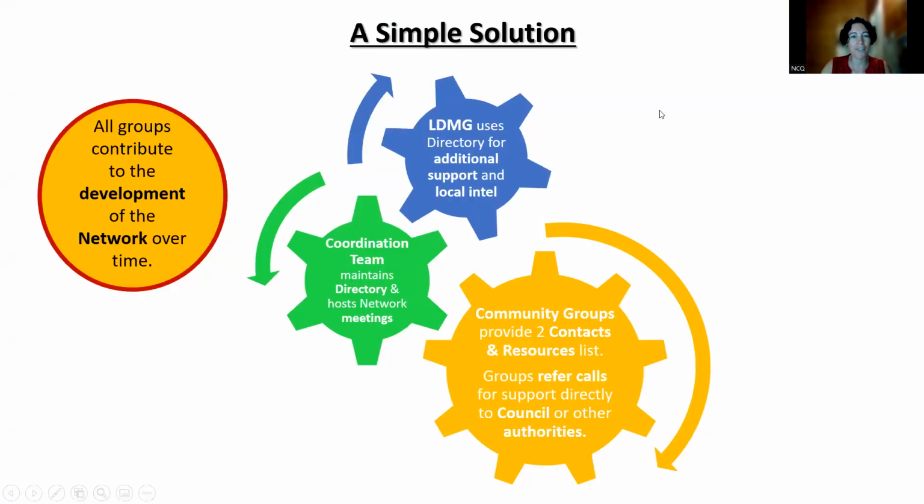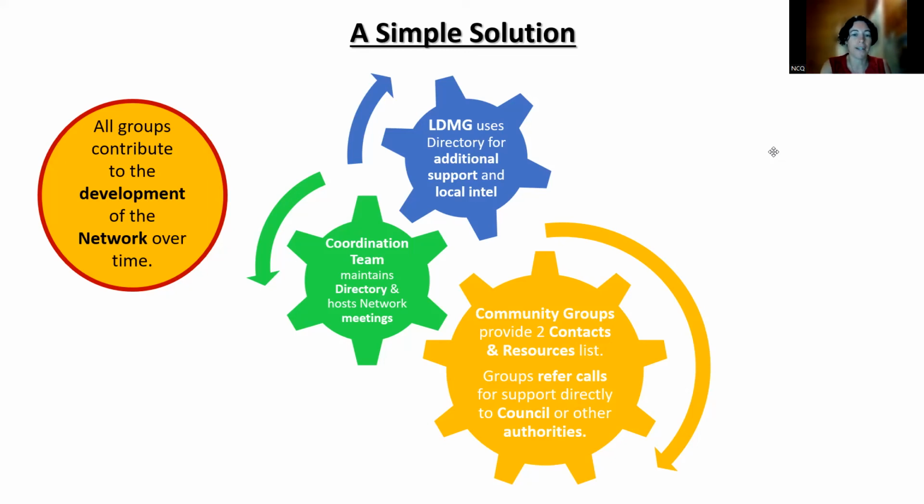So after 2.5 years of working through a process, we came to a fairly simple solution, and that was that all groups contribute to the development. All groups did contribute to the development of the network over time, but the core cogs in the wheel are that the community groups provide 2 contacts and their resource list, and the groups refer calls of support to council or other authorities.